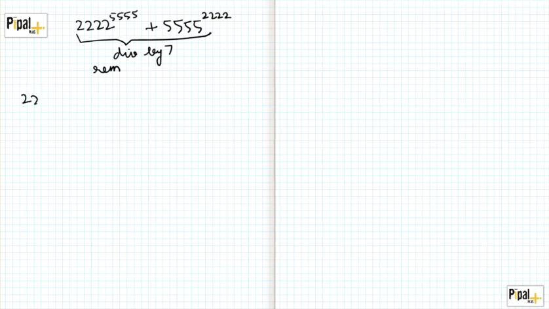So 2222. The first thing we have to do is find the remainder when 2222 is divided by 7. So step 1 is find the remainder when just 2222 is divided by 7.